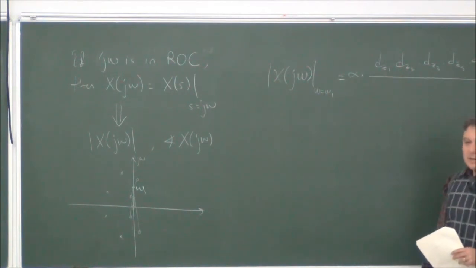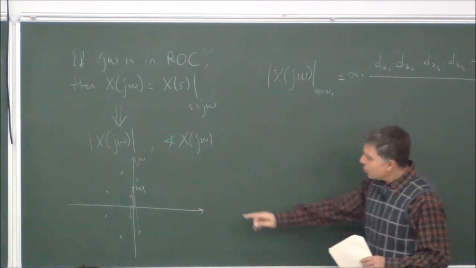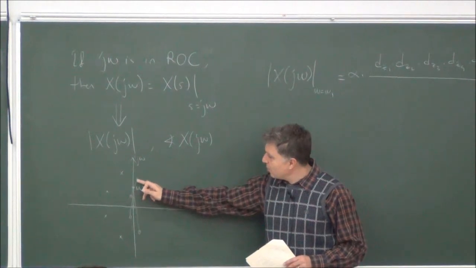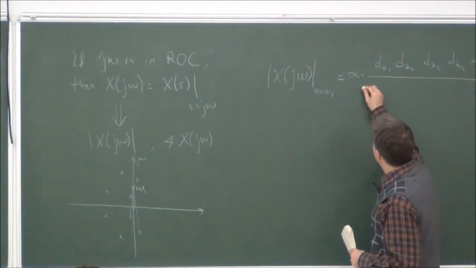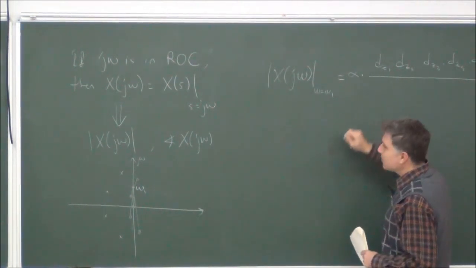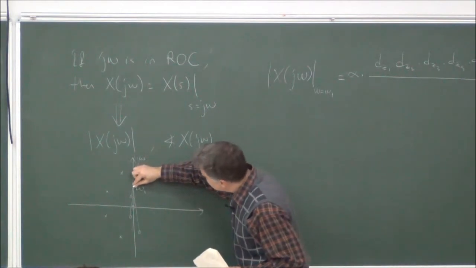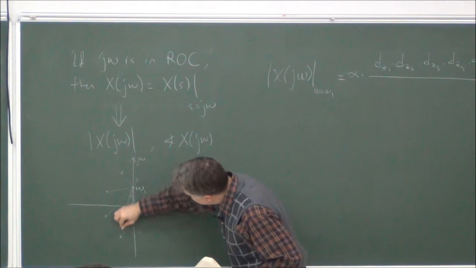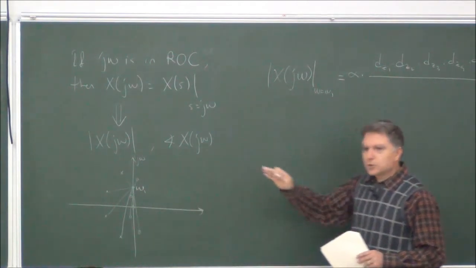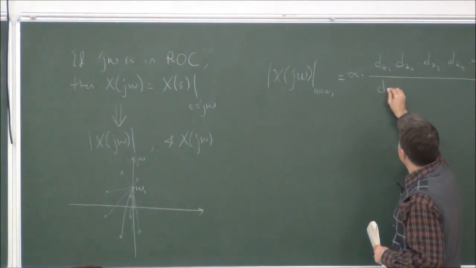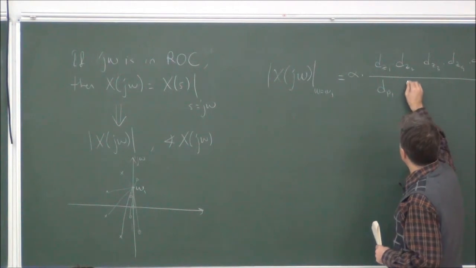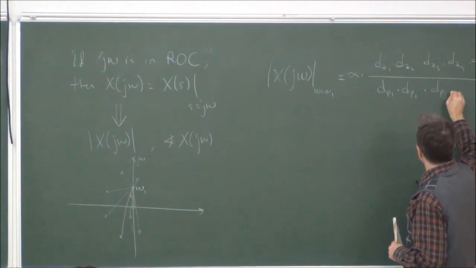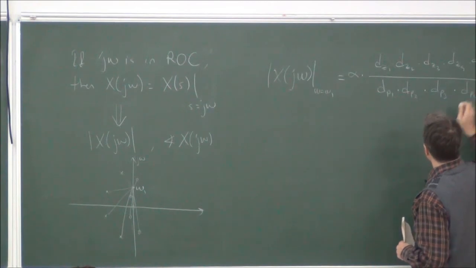I'm multiplying their distances, the Euclidean distances. You just need to measure the distance from the omega 1 point to here and multiply them, divided by the distances to the poles. There are 4 poles. You measure the distance from this omega 1 point towards the poles, and they are dp1 times dp2 times dp3 times dp4.